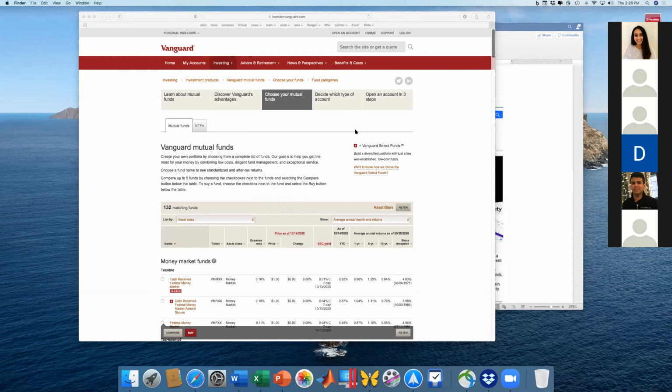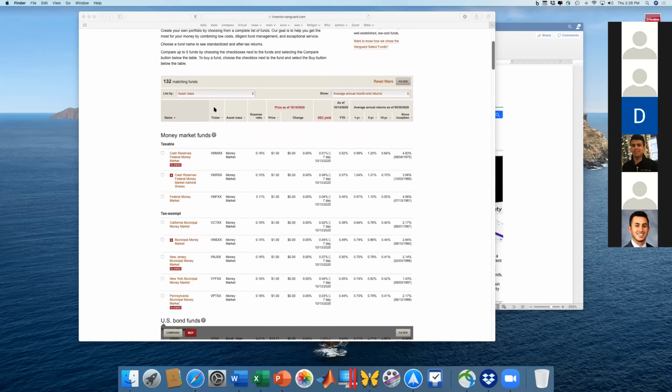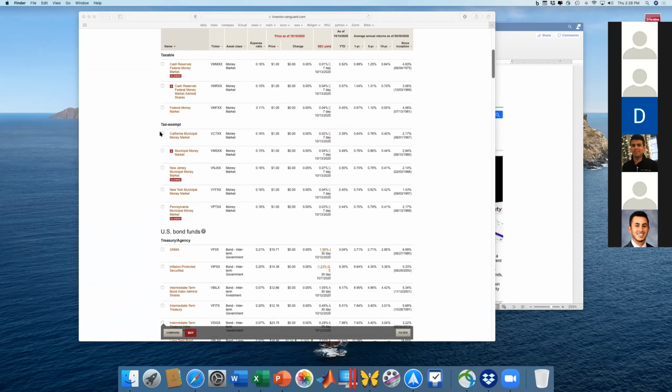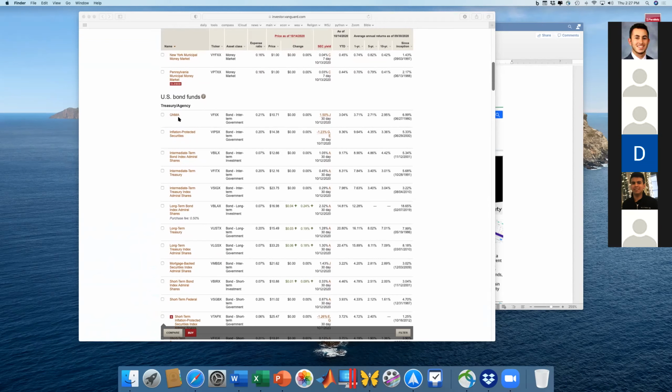All right. So this is a list of Vanguard mutual funds that you're looking at right now. It starts with money market funds. We're now looking at bond funds, and as you're looking at these, you'll see an intermediate government bond fund and an inflation protected securities bond fund.